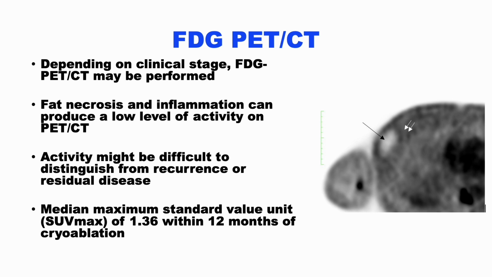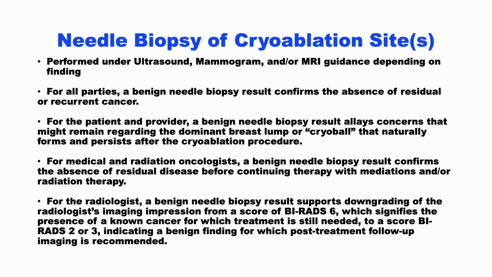So the fact that there's no activity here suggests that this tissue is less metabolically active than the surrounding tissue. Again, an indication of a good response post-cryoablation, or an indication of an effective cryoablation procedure.